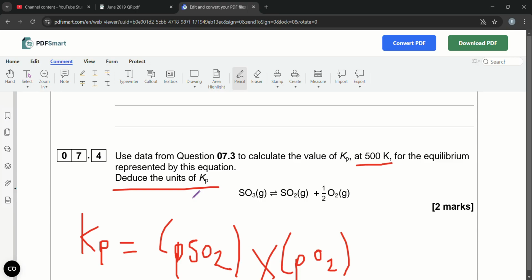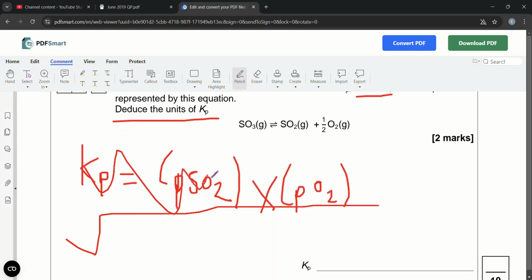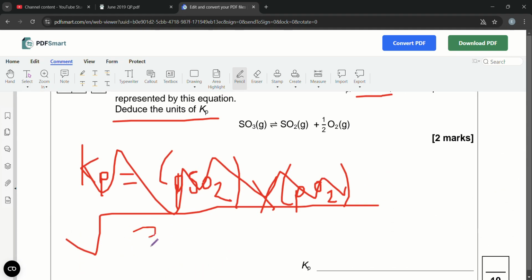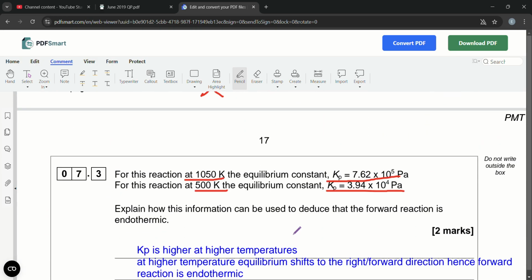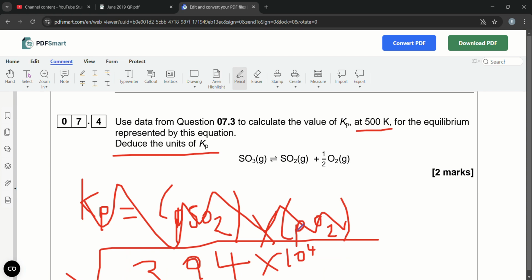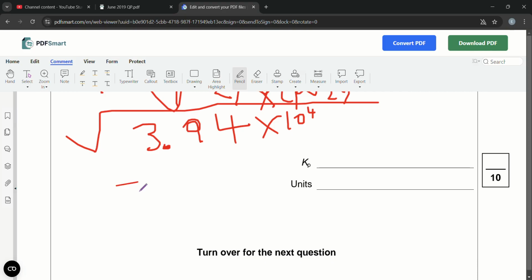So it's just going to be the square root of that. Square root of 3.94 times 10 to the power 4, and we will get 198.5.